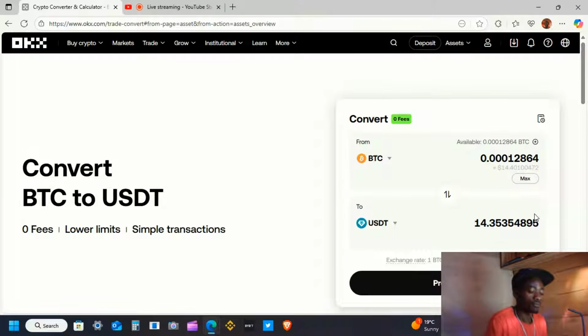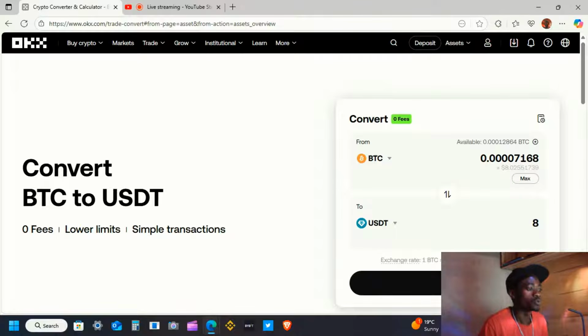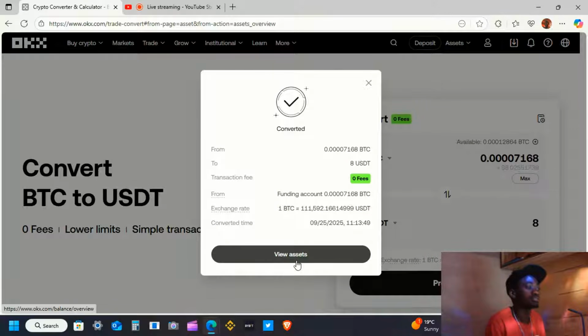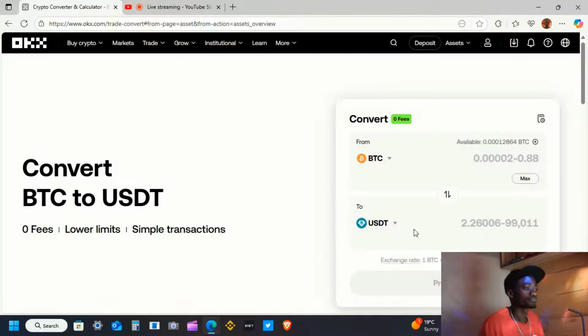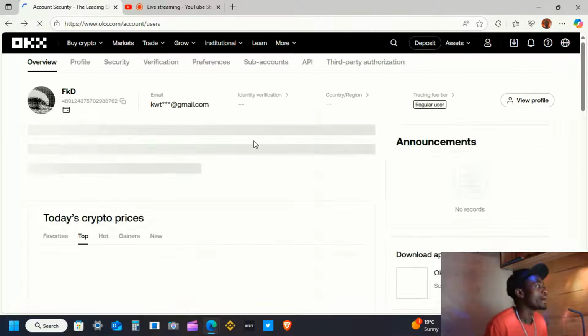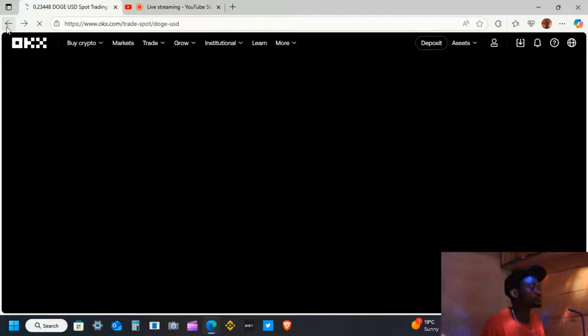No, let me convert at least only 8 of them, then the other I use to trade later. Eight plus the other I have, at least 3. I'll jump into the market with 10 USDT. Like that, I go back and I'm on the same display. Go back again, like that.